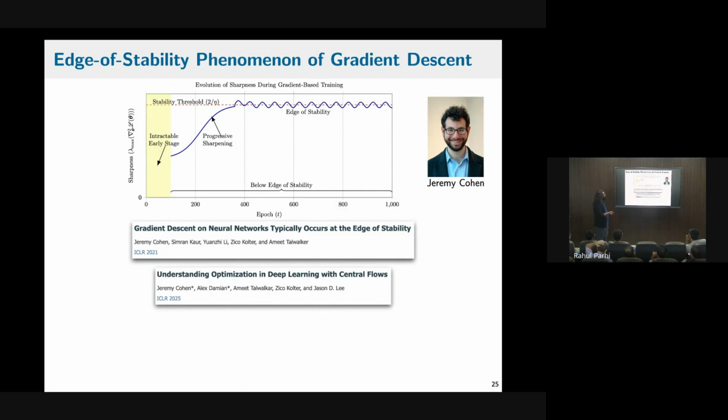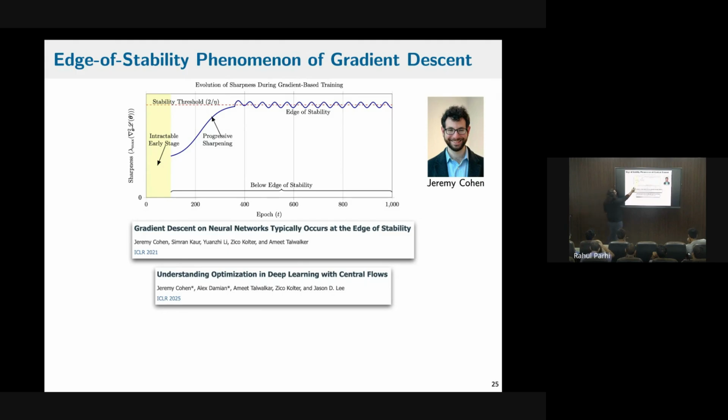And what does this result say? It says if I'm looking at an optimization problem that's non-convex in the way that neural networks are non-convex, and I do gradient descent training, fixed step size, full batch, I'm always going to see that the sharpness versus training epoch or iteration has a curve that looks something like this.